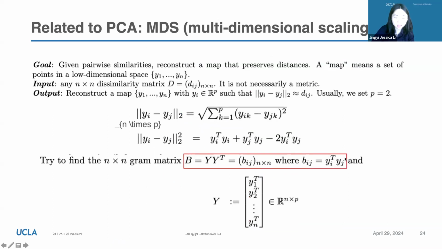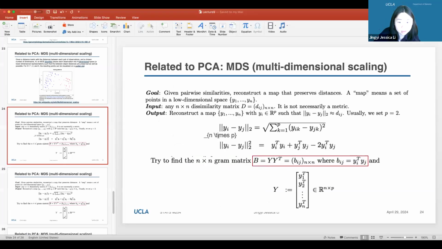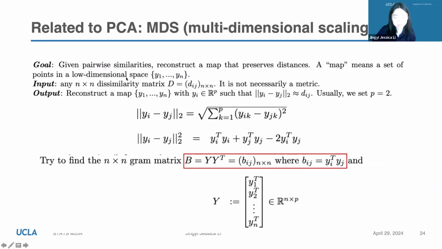So here is the technical part, but I'll try to be clear to help you understand. How is this related to PCA? We will use eigen decomposition for both. That's the similarity.